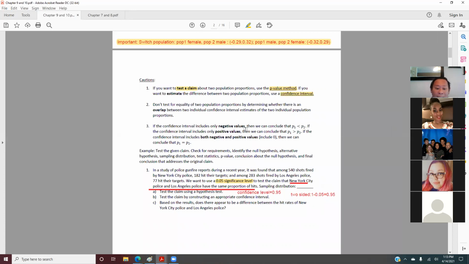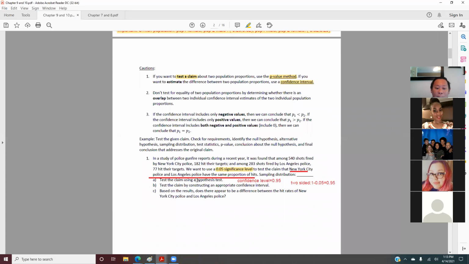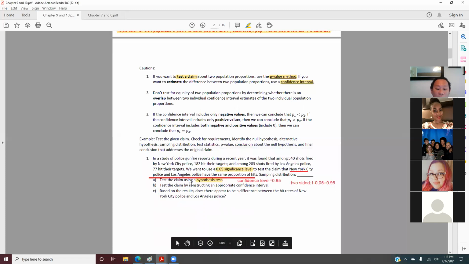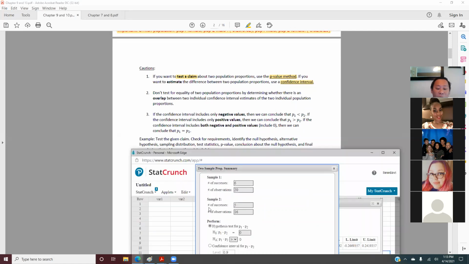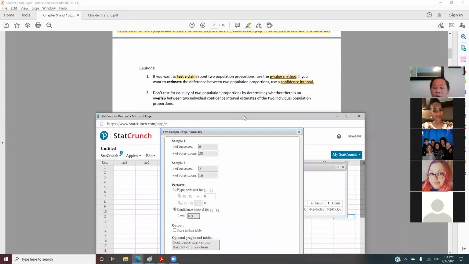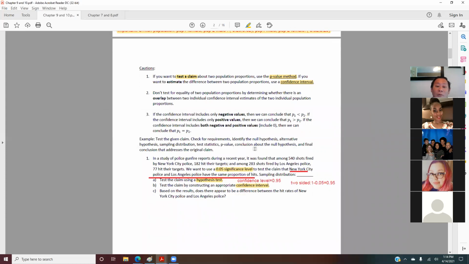Like this question A, they ask you for hypothesis testing, then make sure you use hypothesis testing. And in question B, they want you to figure out the confidence interval, then you have to switch to confidence interval here. So do not perform confidence interval for hypothesis testing and hypothesis testing for confidence interval. You guys with me here? So don't switch these two around.